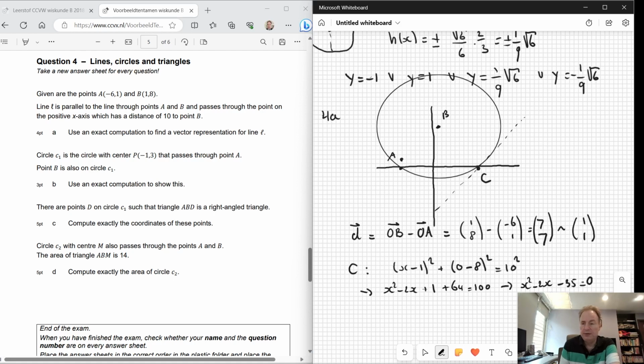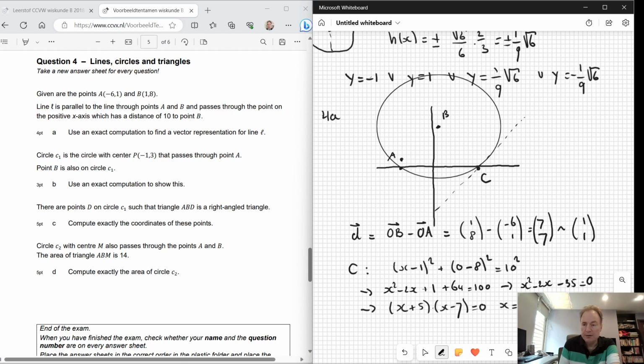Let's see, 35 is, well, let's look at the factors 7 and 5. They cannot combine to 2. So you get x plus 5 times x minus 7 equals 0.